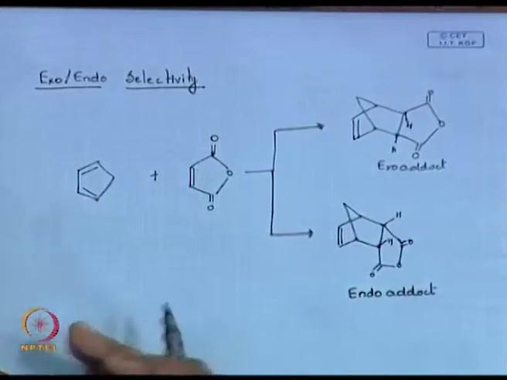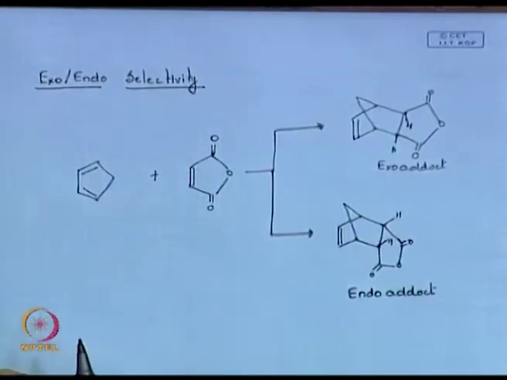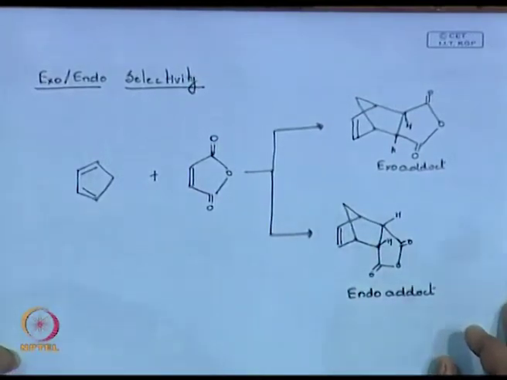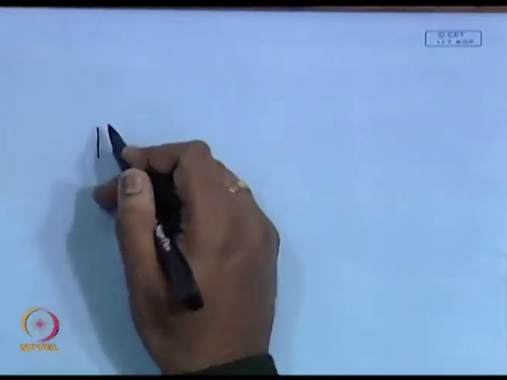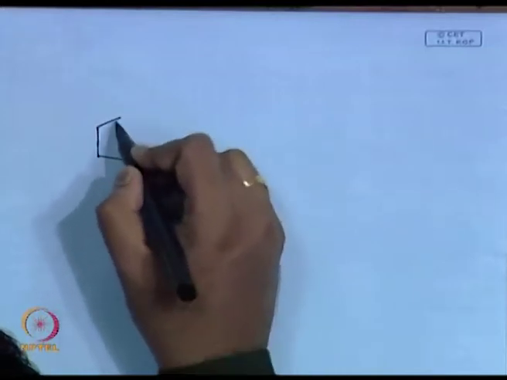And if you see, if you carry out a Diels-Alder reaction, most of the time you have a selectivity across your endo product than your exo. So, we will just look at why you get selectivity over endo. You can think about the transition state of this reaction, I will just draw the transition state for my endo.